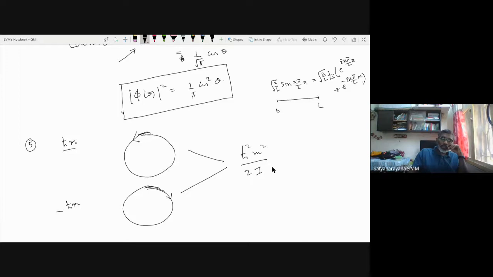So this is a wave function with plus p momentum, and this is a wave function with a minus p momentum. p equal to h cross n pi by L here, p is equal to minus h cross n pi by L there. That means one wave function describes the particle moving in the positive direction, and the other wave function describes the particle moving in the negative direction. So it is equivalent to that.